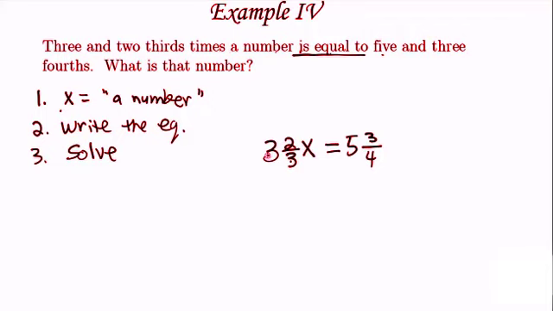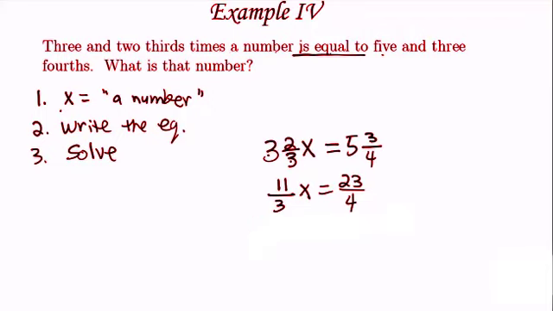So 3 times 3 is 9, plus 2 is 11. So that is 11/3 x equals 5 times 4 is 20, plus 3, 23/4. Okay.